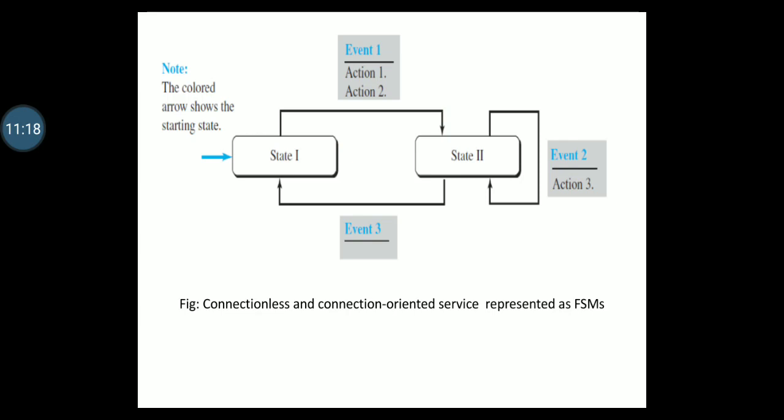If event 1 occurs, the machine performs actions 1 and 2 and moves to state 2. When the machine is in state 2, two events may occur. If event 1 occurs, the machine performs action 3 and remains in the same state. If event 3 occurs, the machine performs no action but moves to state 1. Is it clear?